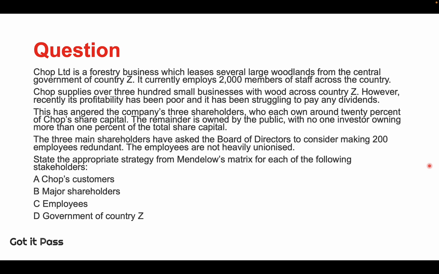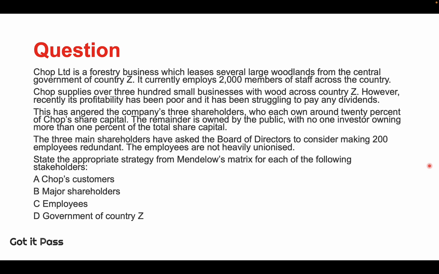The three main shareholders asked the board of directors to consider making 200 employees redundant, which means cutting about 10% of the labor force in the company. And the employees within the company are not heavily unionized.